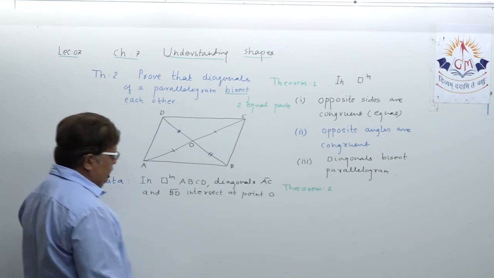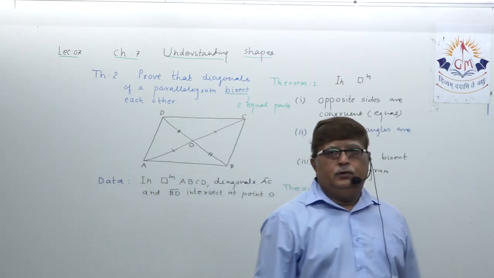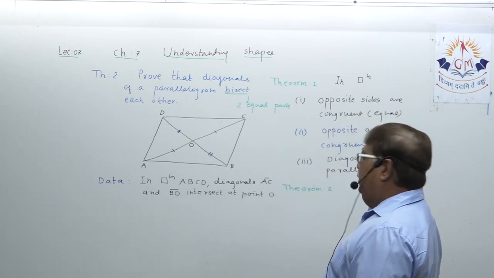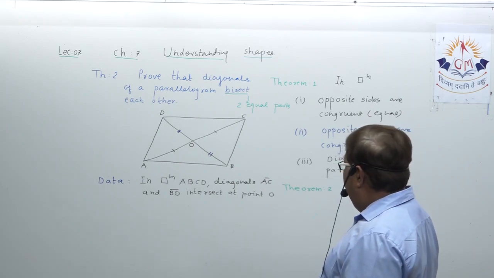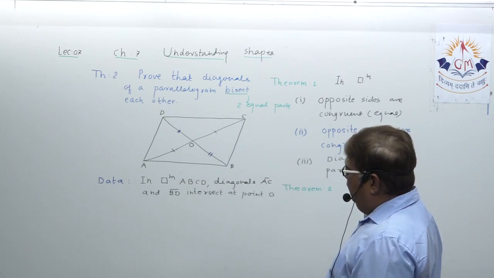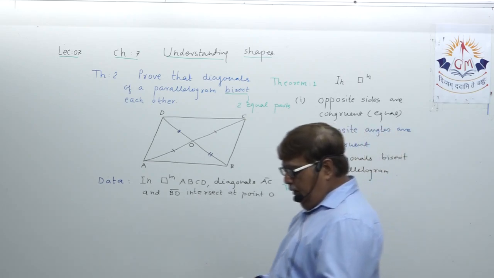You understood this? What we have written in given: in parallelogram ABCD, diagonals AC and BD intersect at point O. Okay?